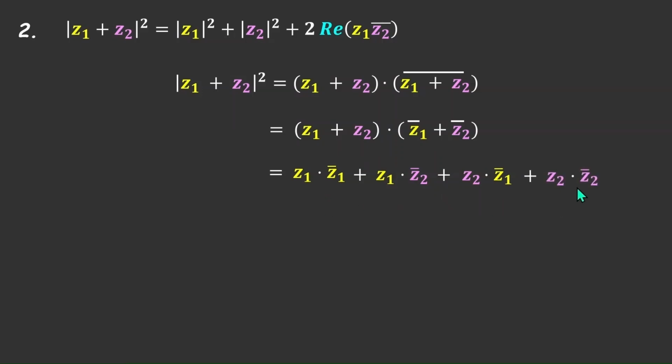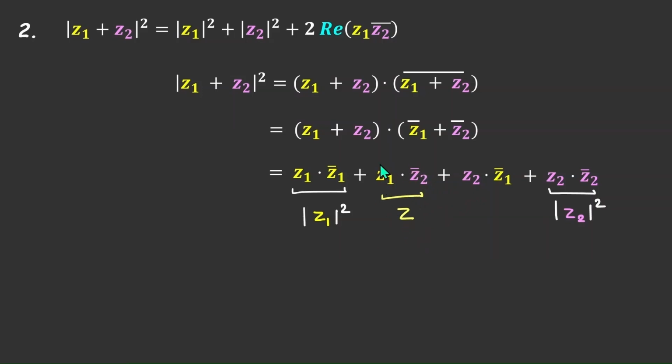Now these are terms that we already know how to simplify, because this becomes mod of Z1 whole square, because it's Z1 into Z1 conjugate. This term here becomes mod of Z2 whole square, because this is Z2 into Z2 conjugate. And this might look like a tricky term, but if you see properly, this is Z1 into Z2 conjugate. If I consider this as some Z, then isn't this just the conjugate of this Z?